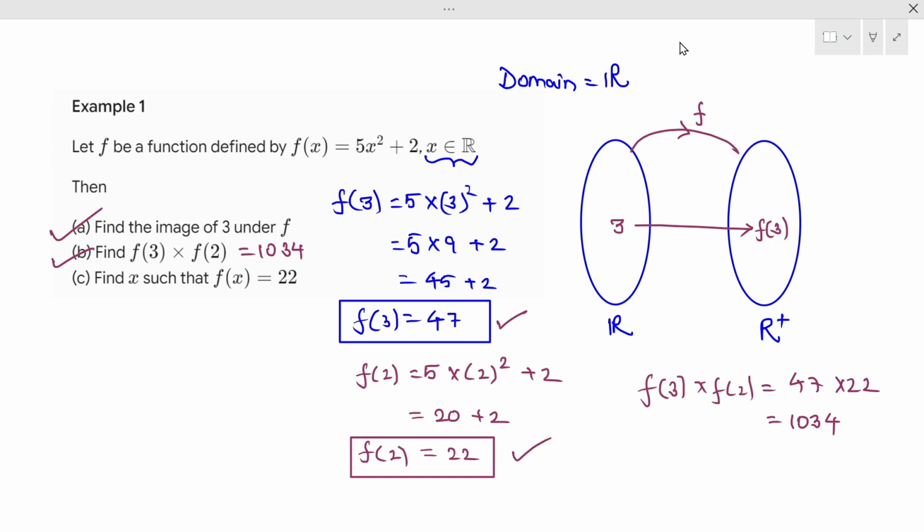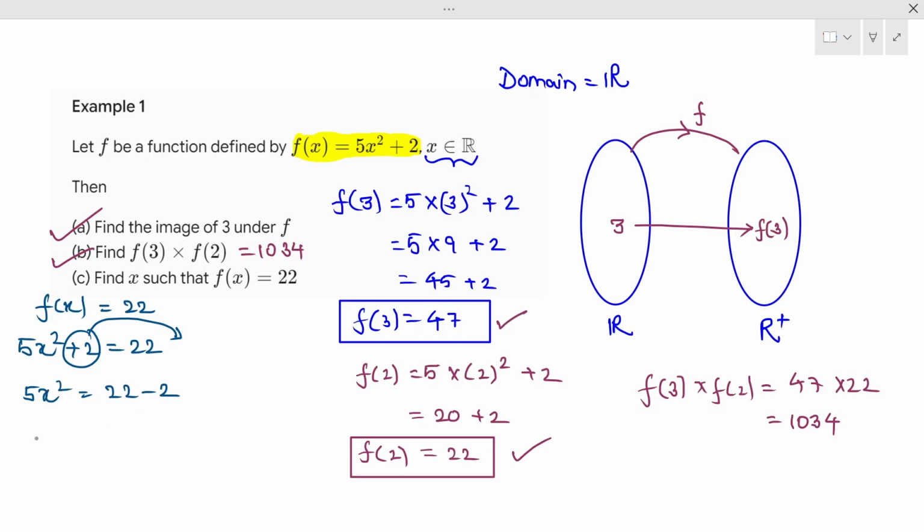Next question is find x such that f(x) is 22. Now think on this. What are we given? We are given f(x) is 22, right? Now, what's the value of f(x)? That is 5x² + 2, which means 5x² + 2 equals 22. Next step is that we transpose the 2 to the RHS. This will become 22 minus 2, so 5x² is 20.